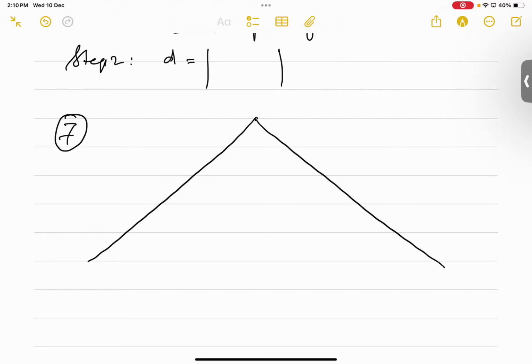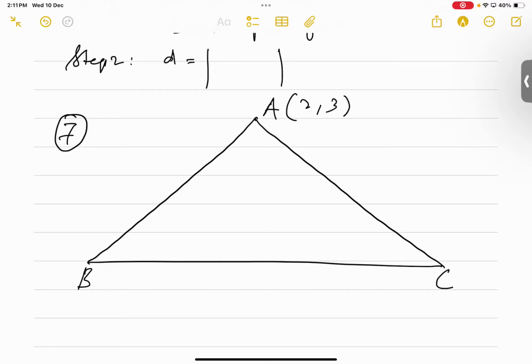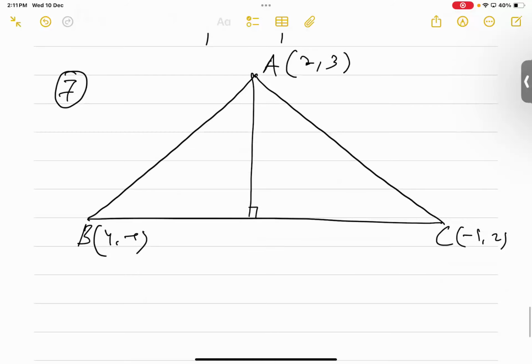So A, B and C, these 3 points are known: 2, 3, 4, -1, -1, 2. So first I will drop this perpendicular over here. Everyone on the board. Let this be point D. I'm dropping a perpendicular. It's not a perpendicular bisector. It's a normal perpendicular. We don't know whether it is bisecting or not.